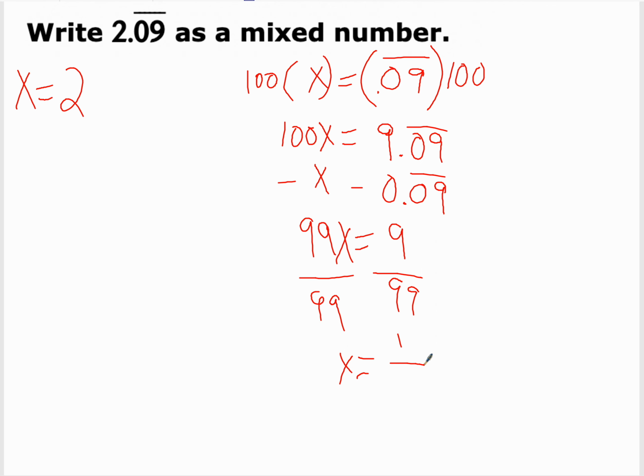So the fraction part, you divide by 99 instead of 9. 100 minus 1 is 99. So here I got the fraction part is 1/11, but up here when I write my answer, it's 2 and 1/11. Okay?